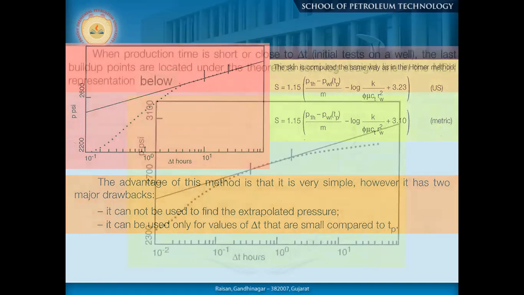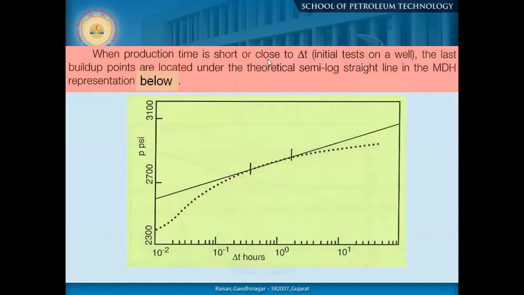Okay, so when the production time is short or close to del T, in that case your build-up points are located under the theoretical semilog straight line in the MDH representation below. If you see here, this part is your MDH build-up study. In the semilog part, again you are getting disturbances here.